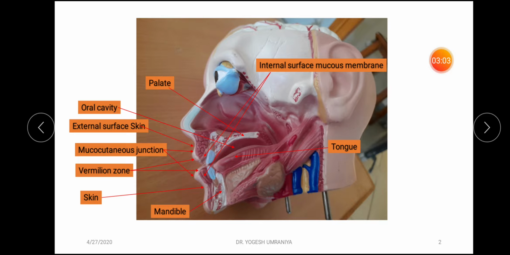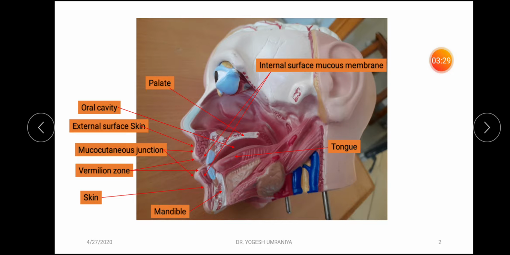So this is one portion of the anatomical lip. Still there are two other portions of the lip apart from this layman's lip. First we will see this area, which is termed the layman's lip. This is medically known as the vermilion zone or the transitional zone.